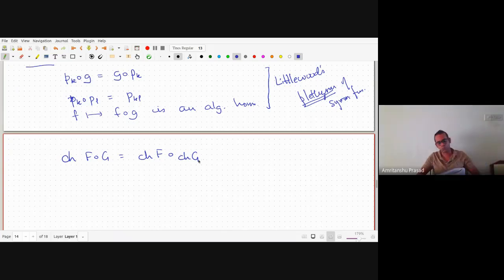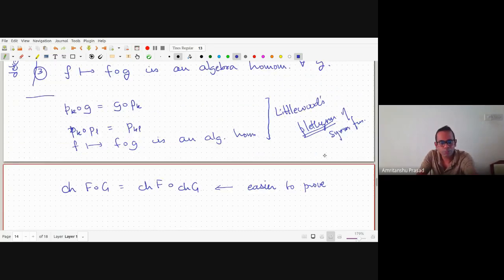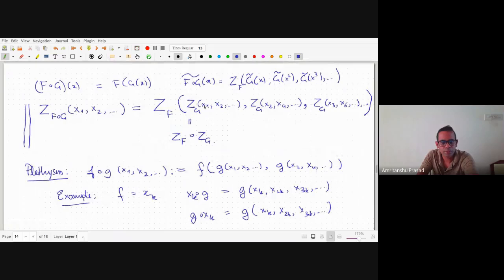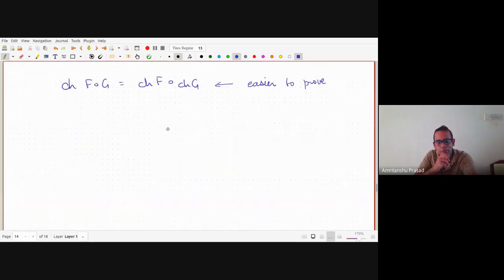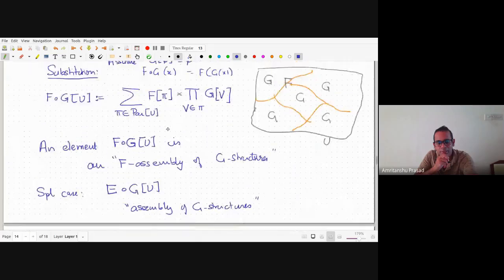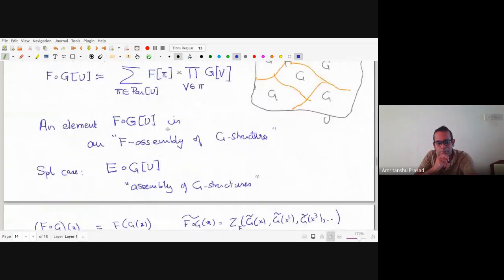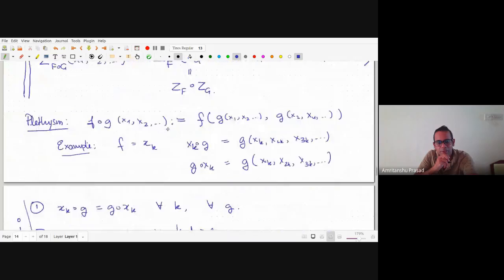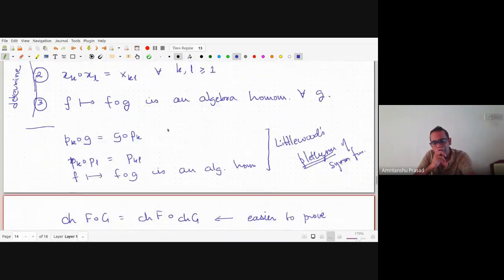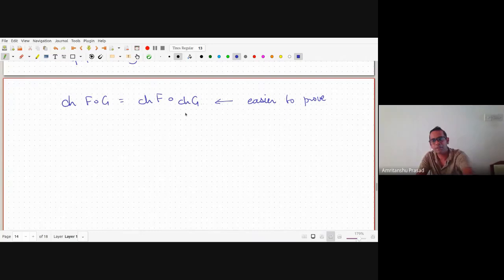And in fact this one turns out to be easier for me to prove, and it's enough to prove this in order to prove the other, they are equivalent, because as I pointed out, the Frobenius characteristic determines the cycle index generating function.